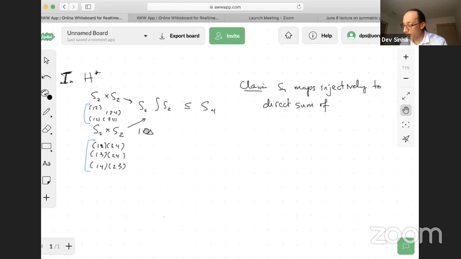Well, since they're isomorphic, let me give you other names for them. This first one I'm going to call V1 cross V1, and the second one I'm going to call V2. They fit in a general discussion of the elementary abelian 2-subgroups. So the cohomology of S4 maps injectively to the direct sum of the cohomology of V1 cross V1 and the cohomology of V2.